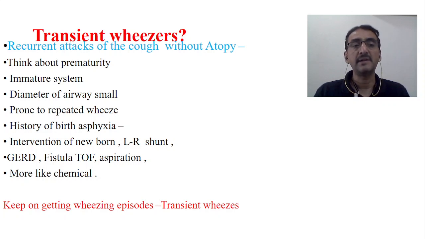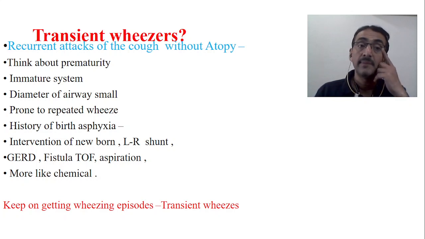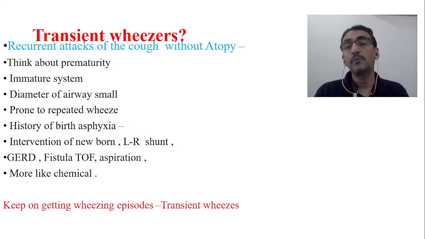The diameter of the airway is very small in a newborn, and the development of the respiratory tract is also not up to the mark. Functionally, there is immaturity, and if there is a history of premature baby or low birth weight baby, then this may be a cause of non-atopic type of recurrent attacks of cough. So this child is prone to repeated wheezing.